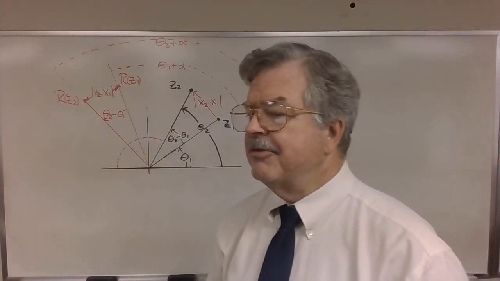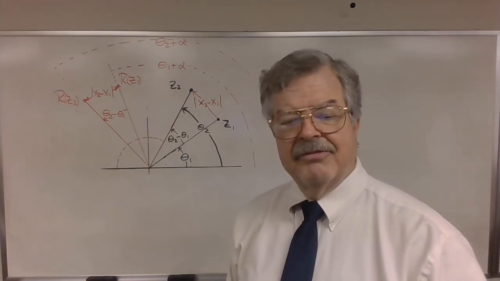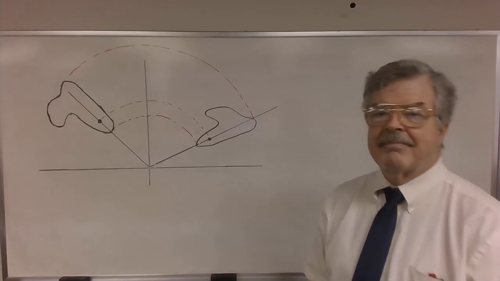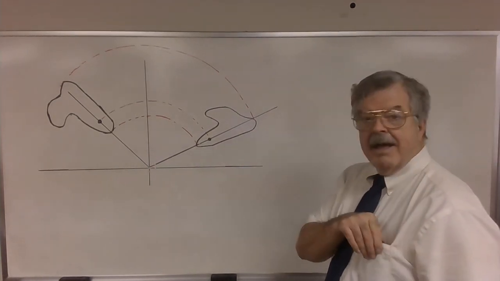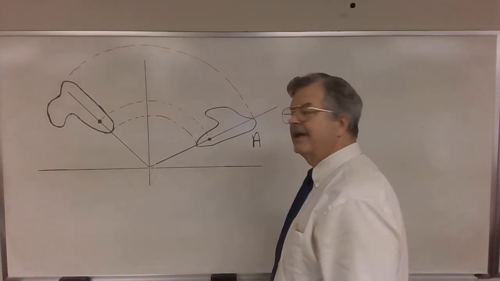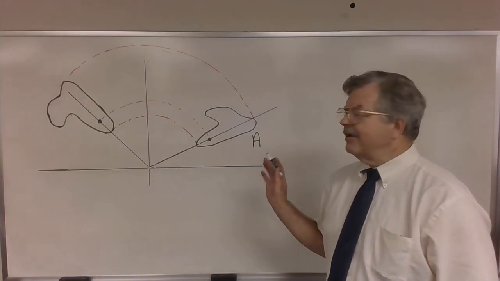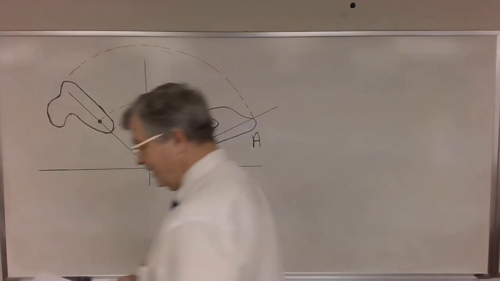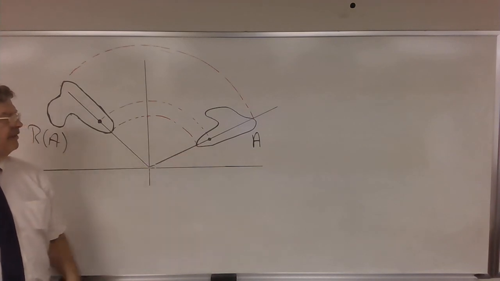So let's draw a picture of just an abstract transformation and see what this looks like. So here's the point. A region A in the complex plane under a rotation has the same size and shape as the original region itself.